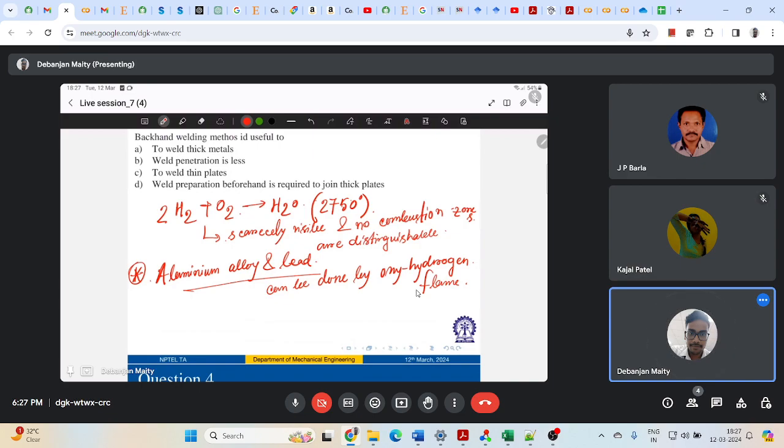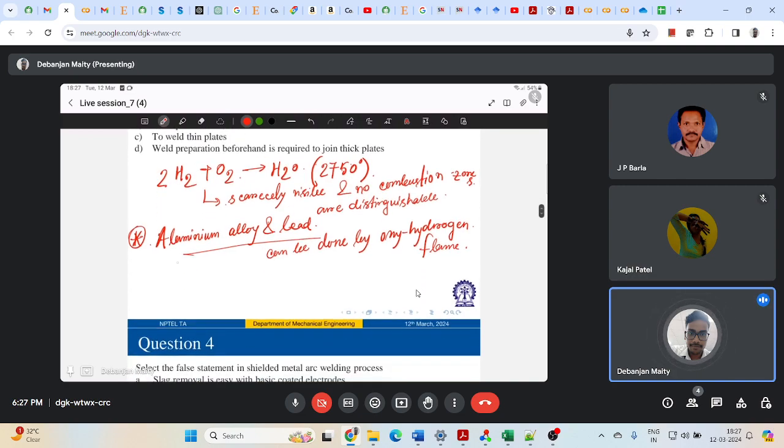What else have we covered in terms of chemical reactions of different gases? We talked about acetylene, we talked about hydrogen. Then we also covered combustion of natural gas and propane. So how does this chemical reaction happen? Basically, you react methane with oxygen and generate carbon dioxide and vapor.